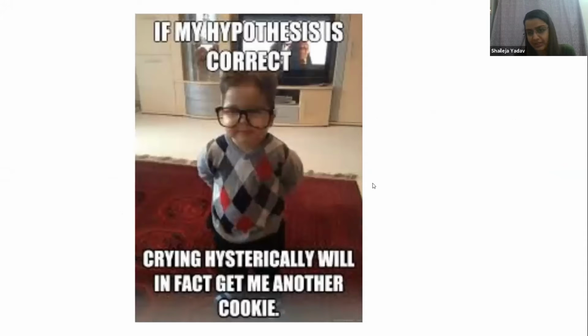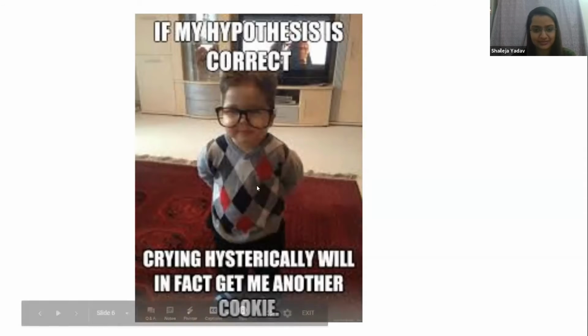So if we look at this little baby, his hypothesis is that he will cry hysterically and that will get him another cookie. Anybody wants to take a guess what will be the predictor and what will be the dependent variable in this? I think it's so simple that nobody wants to actually take a guess.